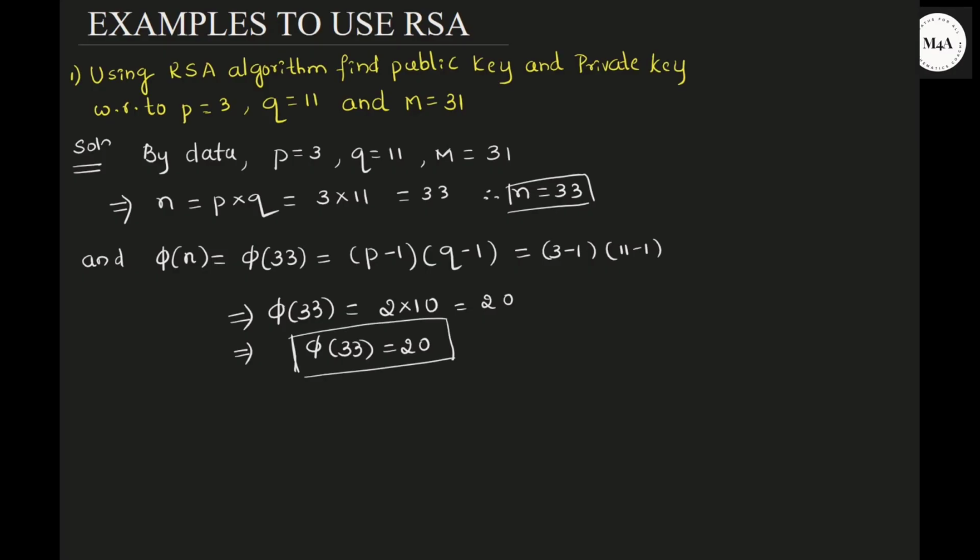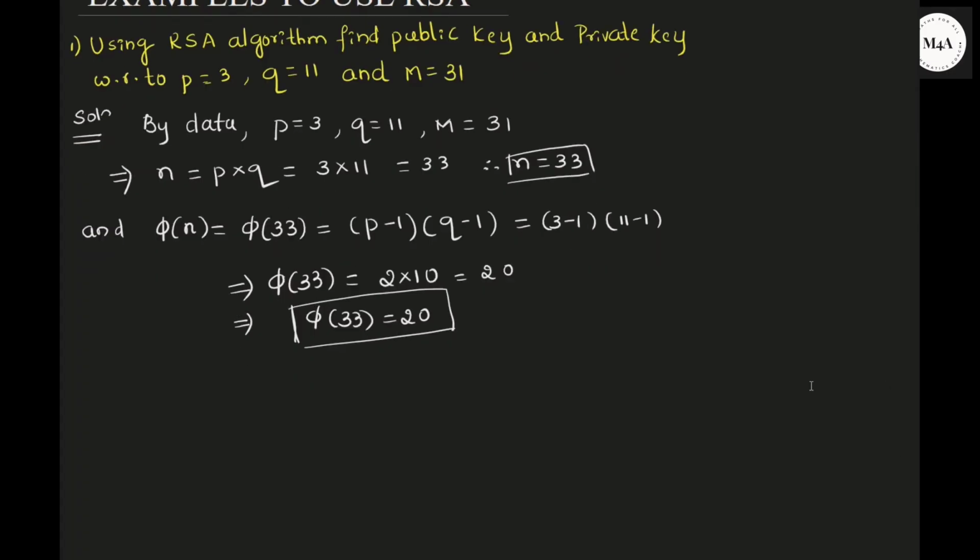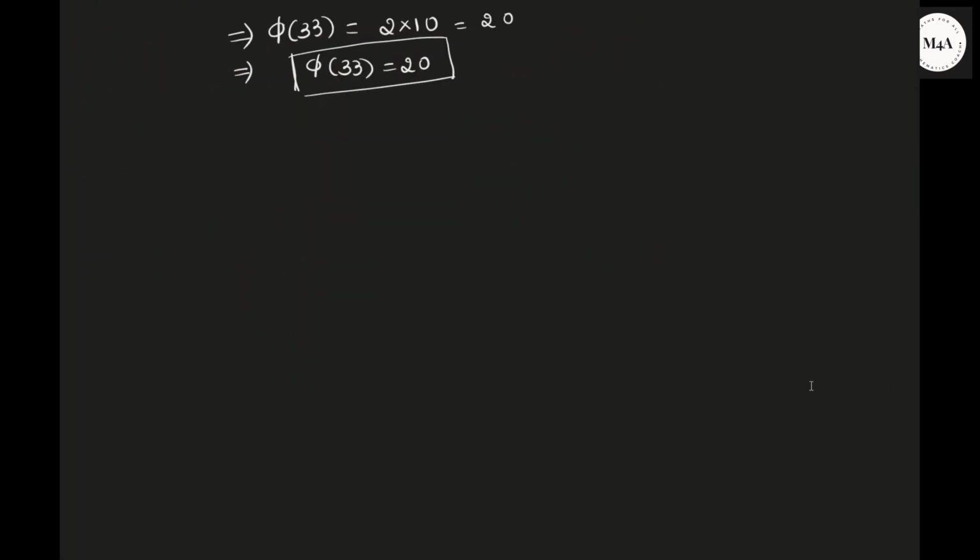Now what is the next step after getting phi of n? Next step is to choose E. How do we choose E? We have to choose E between 1 to 20 and that must be a little bit larger prime number.